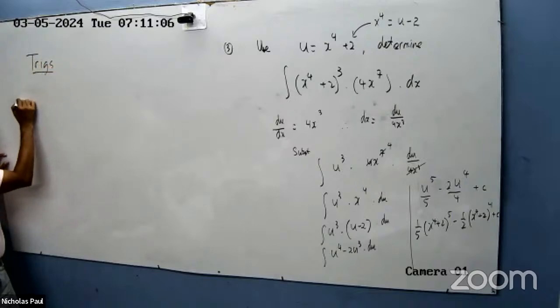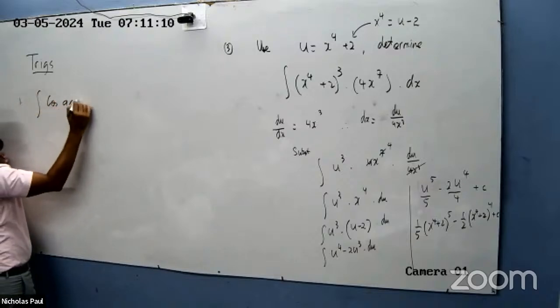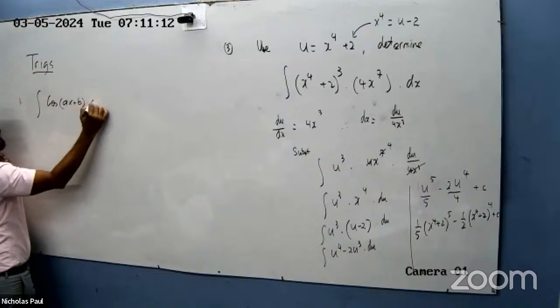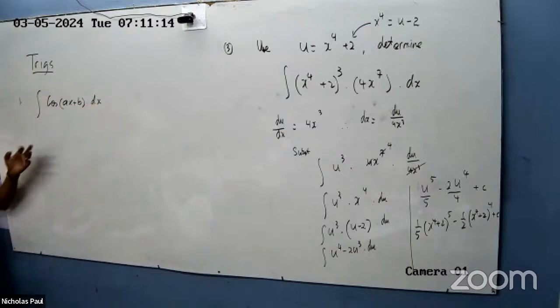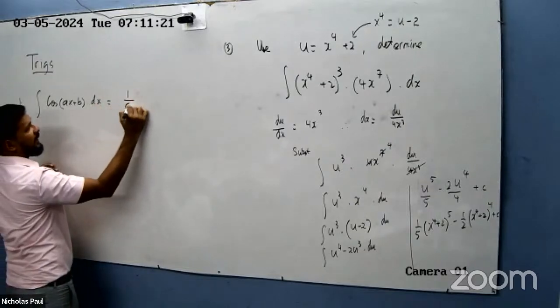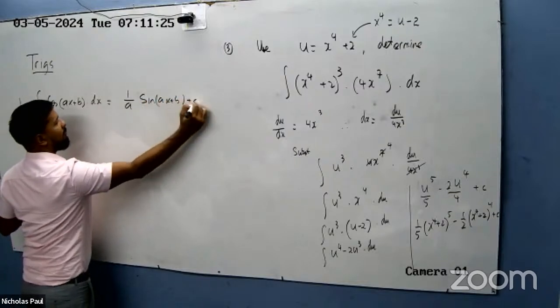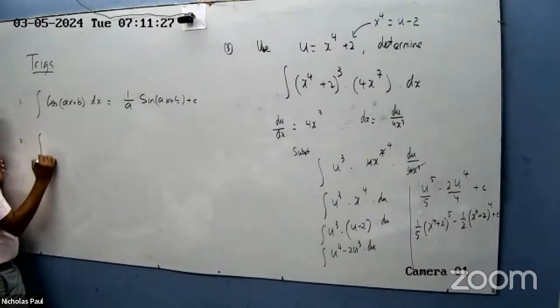The rules that we need to remember: if I ask you to integrate cos(ax+b), of course you can do a substitution, let u equal to this, and integrate it. But the integral of this is 1 on a sin(ax+b).